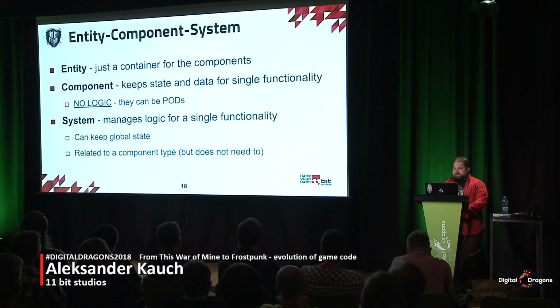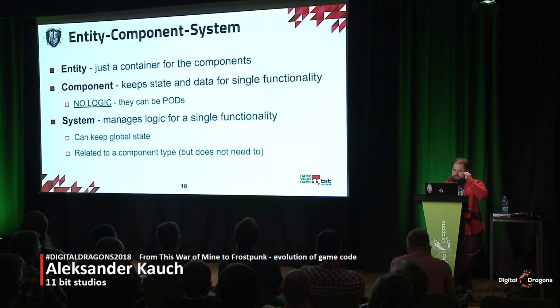In the entity component system we used in Frostpunk, there are three main things. Entity, which is only a container for components, just like in the component-based model. Then we've got component, but here it does not have any functionality, any logic. It only contains data, because all the game logic is handled by systems, which work on components.